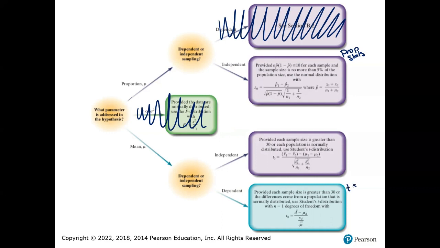Dependent uses t-stat paired. Remember, this is matched pairs. Independent is t-stat two sample. You have to make sure when you're doing a t-stat with two samples, you double check, are they independent, totally different random samples, or is one based off of the other, dependent?